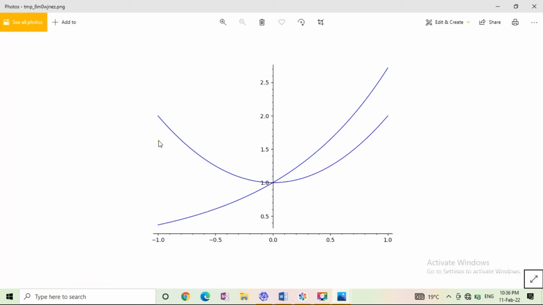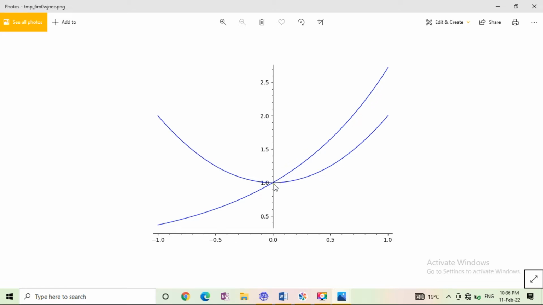Look at this. This gives you the graph. This graph where my cursor moves is the graph of x square plus 1, and this curve is the graph of e to the power x.